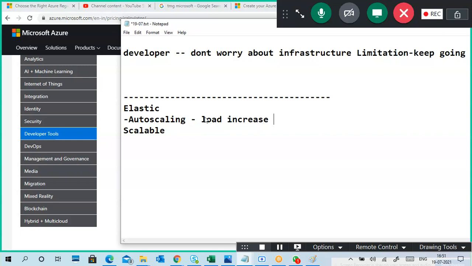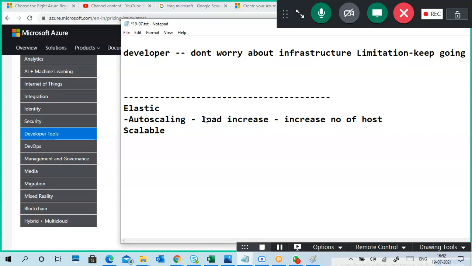It will create more servers, and we can balance the increased load. When the load increases, it increases the number of hosts or instances.